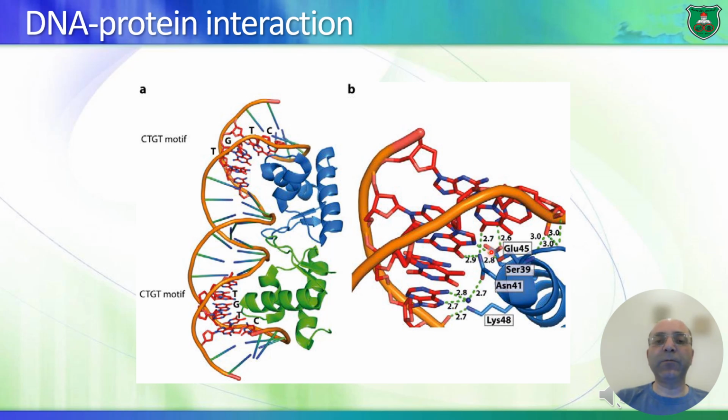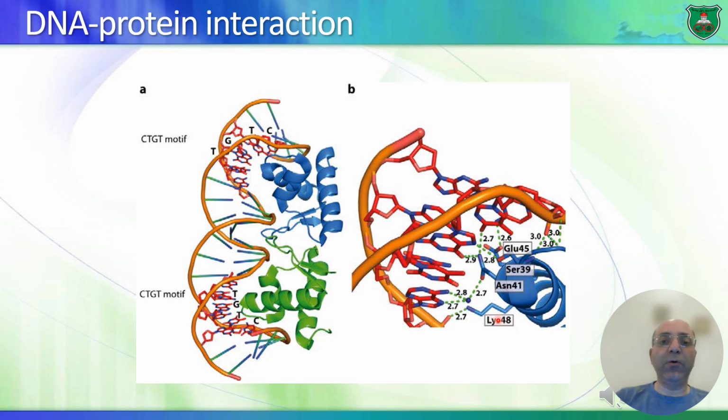Like, for example, the carboxylic group of glutamate, the hydroxyl group of serine, the amino group of asparagine, and the amino group of the lysine as well, the positively charged amino acid.